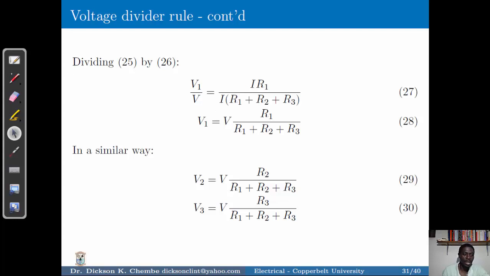So the currents all cancel out, and what we remain with is simply resistor 1 over the total resistance.